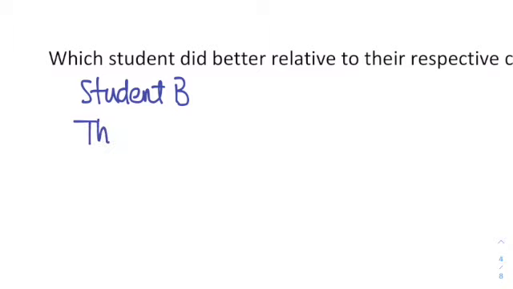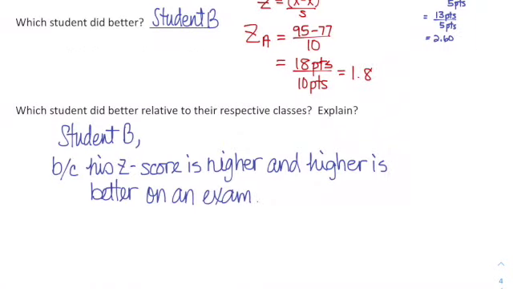The z-score is higher, so therefore it is better. Which student did better relative to their respective class? Explain. Well, student B definitely did better because his z-score is higher, and higher is better on an exam because that means he's further away from the mean. And since it's a plus, he's definitely doing better than the mean, which is the rest of the students.